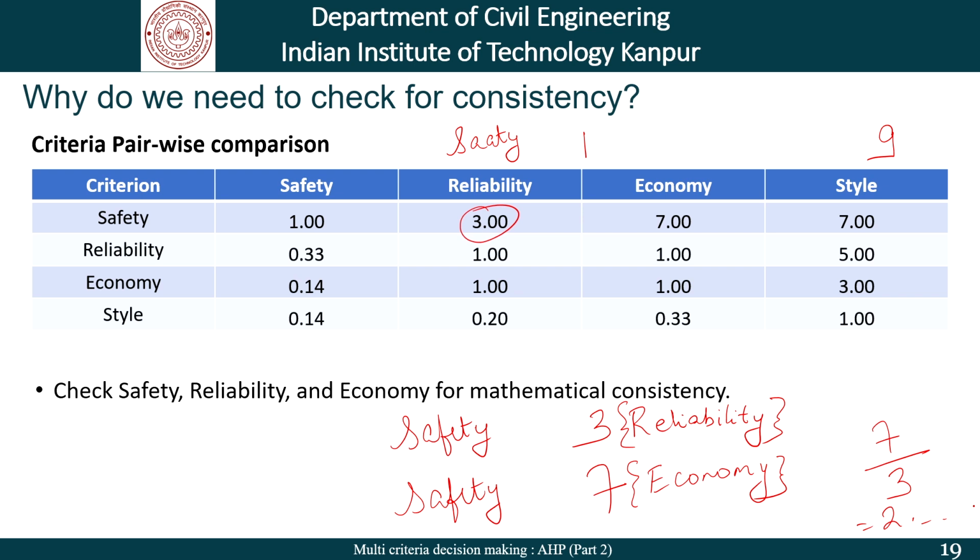Now, when we actually compare economy over reliability, we have assigned a value which is 1. That is, we said that we equally prefer these two things. This shows that there is some mathematical inconsistency. Ideally, we should have given a number of around 2 here.